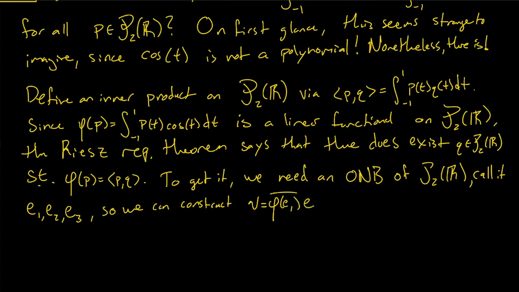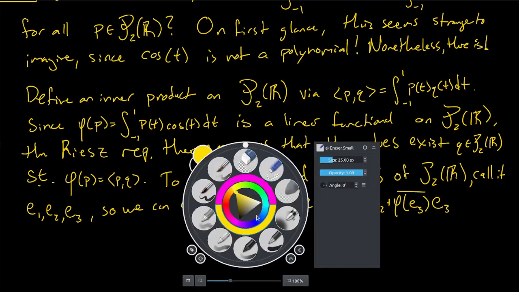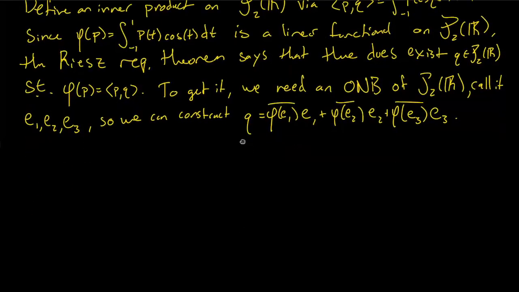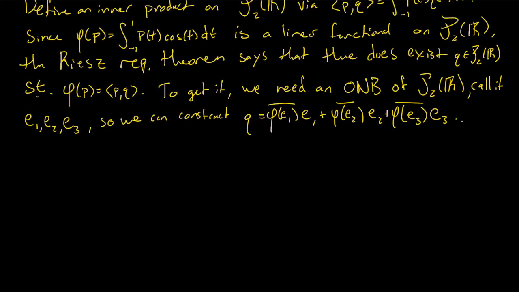But I'll still write it that way just to be clear for notes. Okay, so maybe I shouldn't call this V actually. Let me call this Q, just to be clear. So this will be the thing that does it.